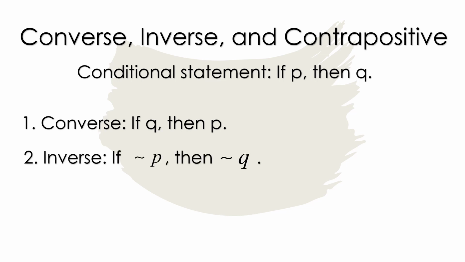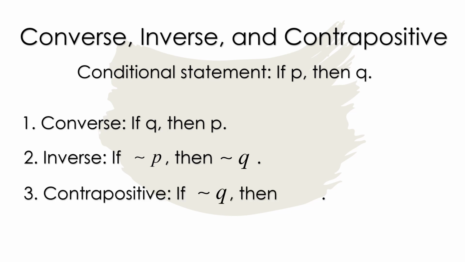My inverse, if not P, then not Q. And then the contrapositive, if not Q, then not P. So this right here, you might want to put a box around it or highlight it, because you're going to refer back to these three statements right here in order to change your conditional statement.